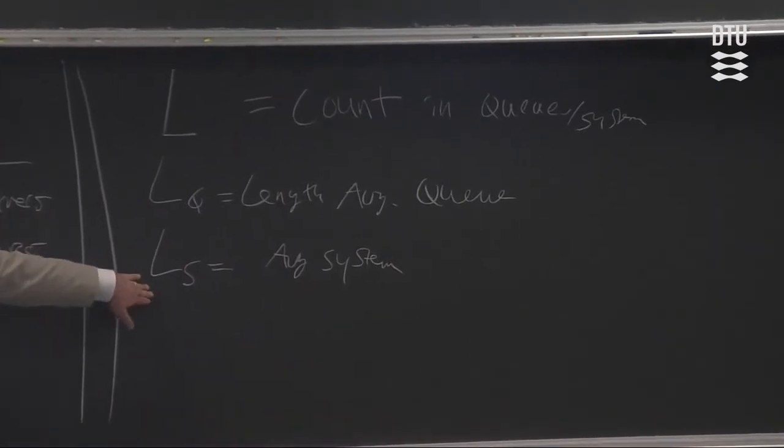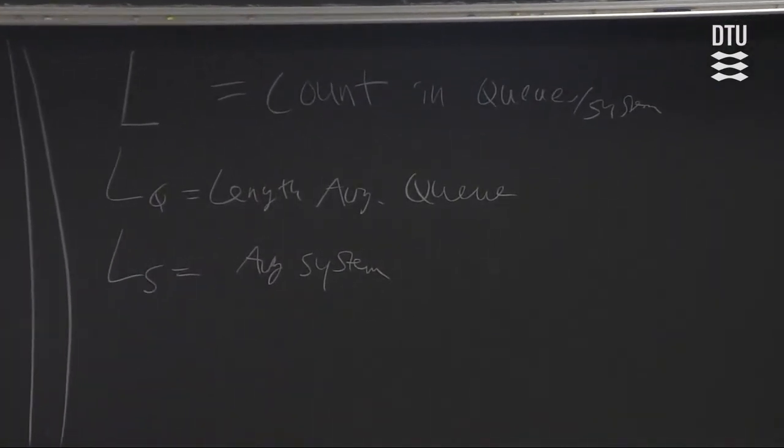Length of the queue, length of the system. The difference between these two is how many are in service. So if your length of the system is 5 and your length of the queue is 3, then clearly there are 2 in service at that point in time, or over that statistic.